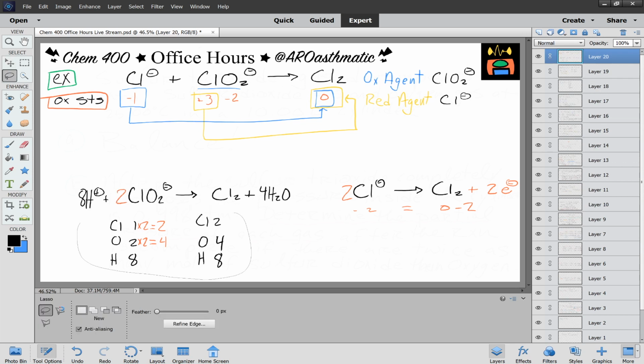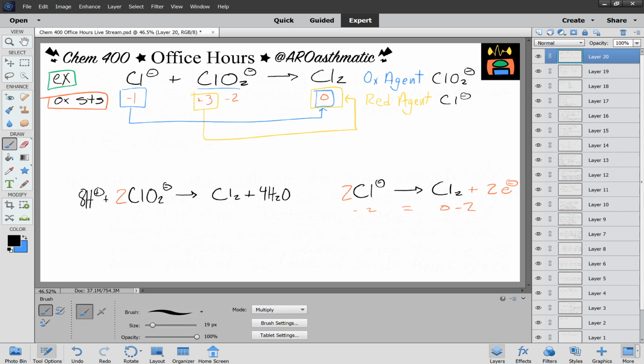Now let's take a look at our charges. We have a positive 8 coming from our hydronium, and we have negative 2 coming from chlorite, for a total charge of positive 6 on the reactant side. On the product side, chlorine doesn't have a charge, and water doesn't have a charge.